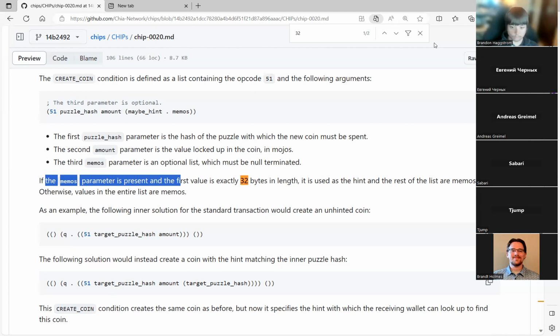So one question that comes to my mind, Brandon, or I mean, we might have to consult with developers in CNI. Are there more plans in the future to use a memo as something other than a hint, and other than a memo? Because I think Savari makes a good point. If 32 bytes is always considered a hint, then we're not able to use 32 bytes to mean anything else in the future.